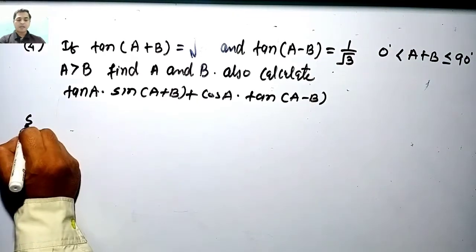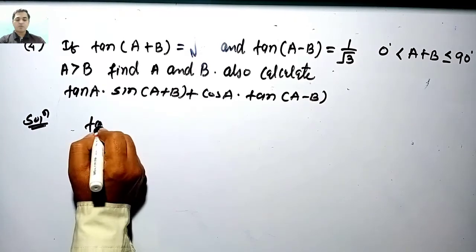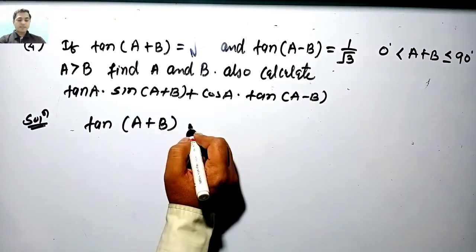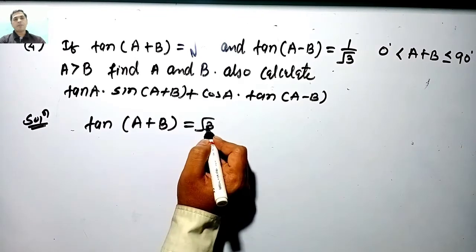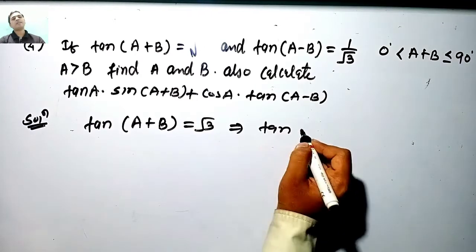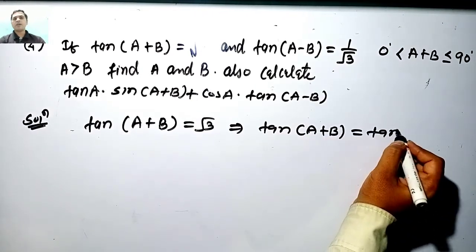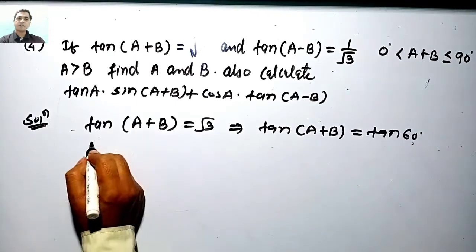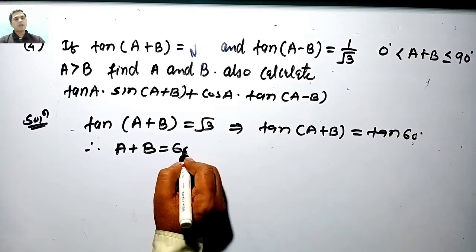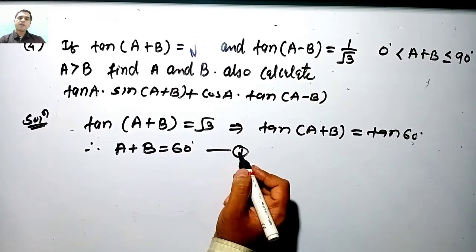Right, student? So here we have given that tan a plus b is equal to root 3. So we know that root 3 is the value of tan 60 degree. So tan a plus b is equal to tan 60 degree. So removing the tan function from both sides, we are getting a plus b is equal to 60 degree. This is result number 1.